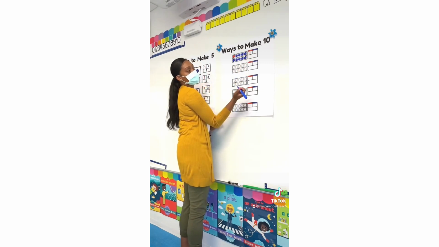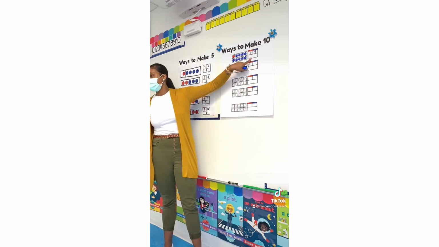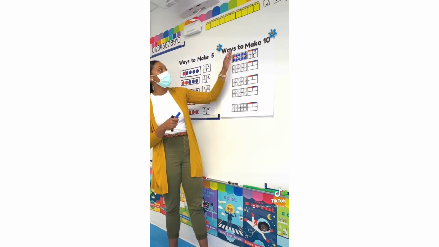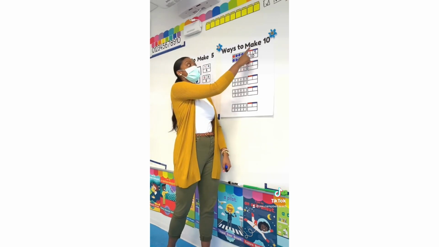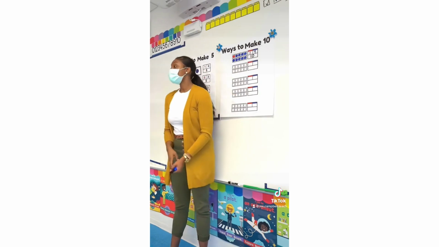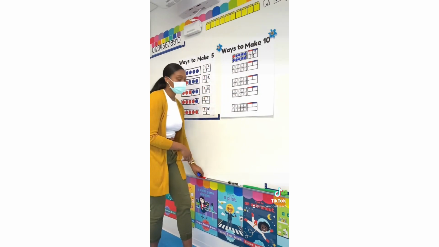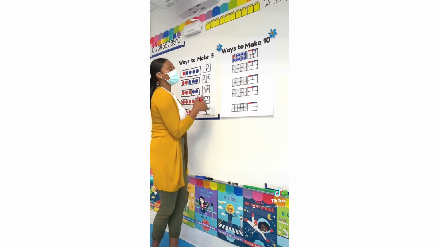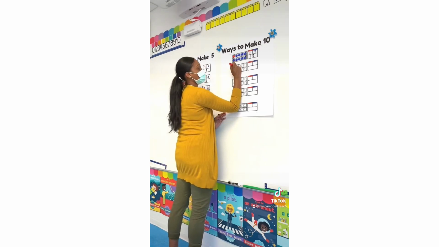What number goes in the hole right here? When I snap, tell me what number? 10. So then we have part, whole. Good. 1 and 9 make 10. Good job. Okay, now let's go ahead and, oh, thank you, Kayla. Thank you. Okay, let's continue. Let's continue to grow our brains, and I'm going to fill out another number.